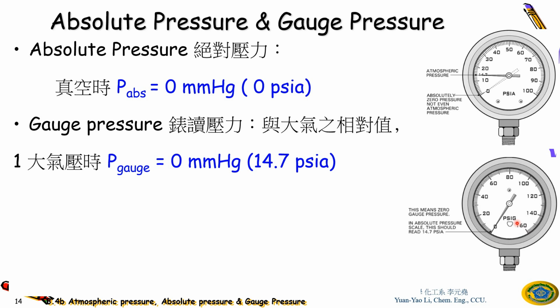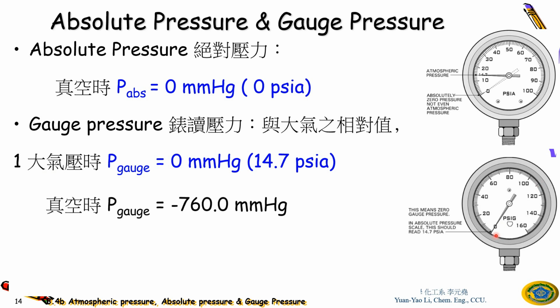So this is called a Bourdon gauge. The first thing you need to see is whether this is PSIA or PSIG. Why G? Because the gauge pressure tells you that at 1 atm, the measurement will be 0.